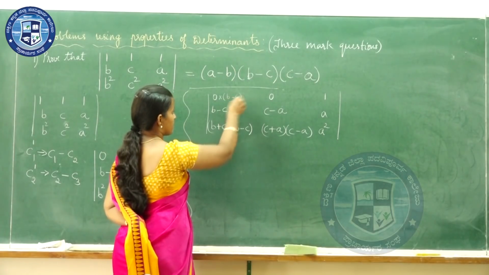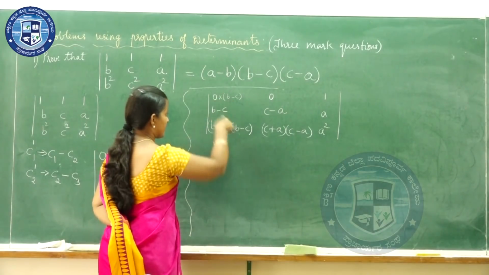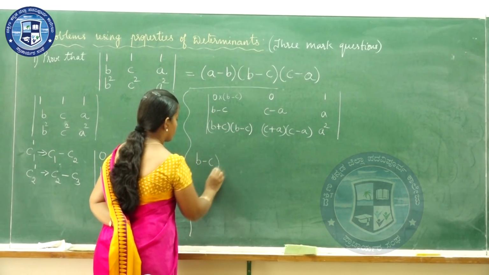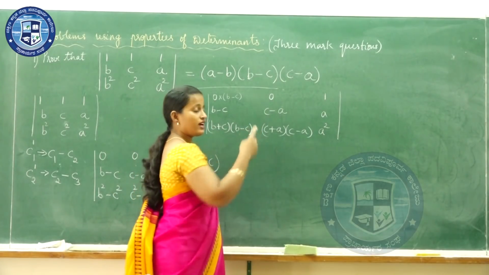So, you can take B minus C common from the first column. So I am taking out B minus C from the first column. Wherever it is 0, you do not have to worry.